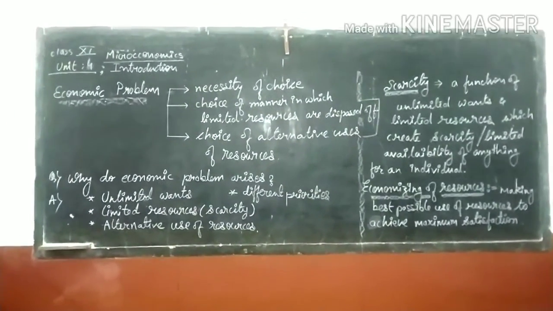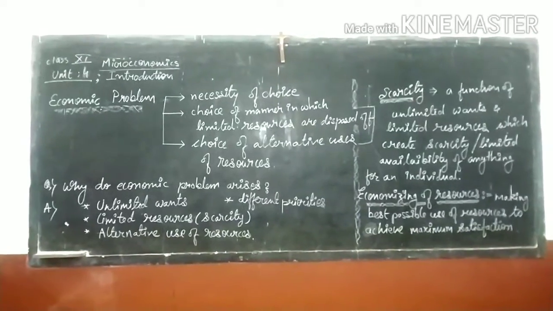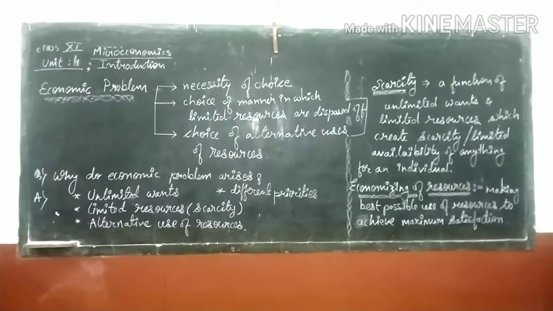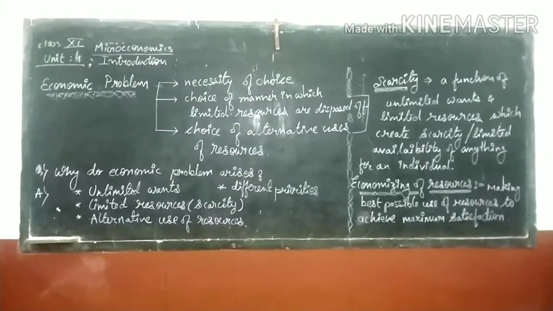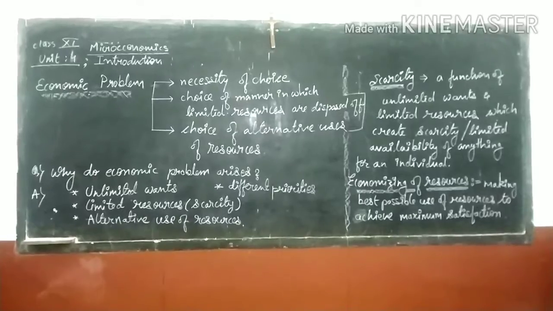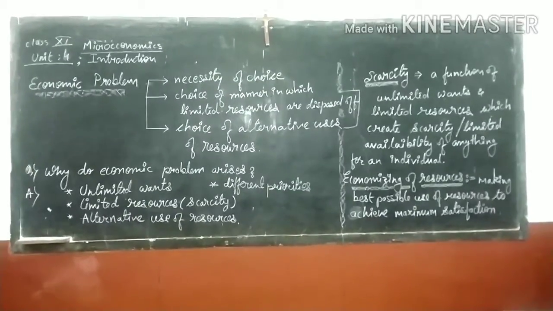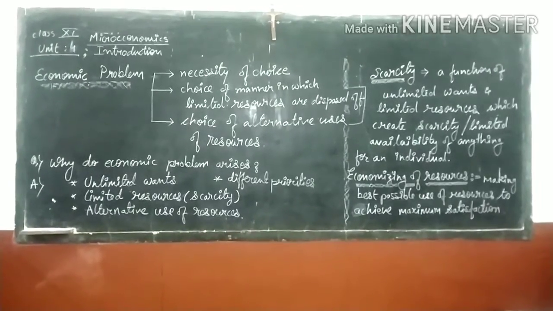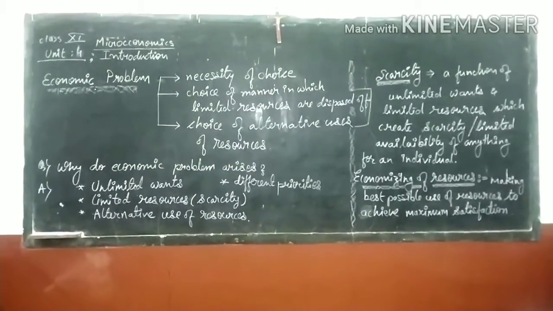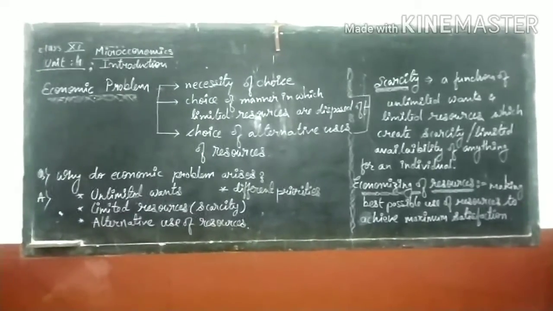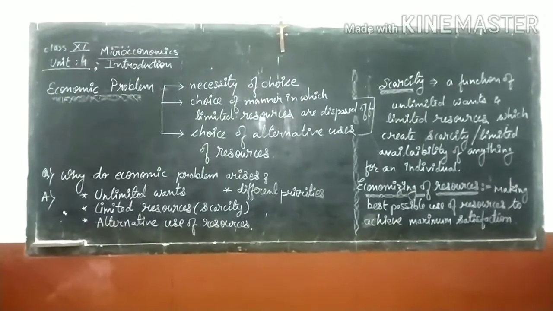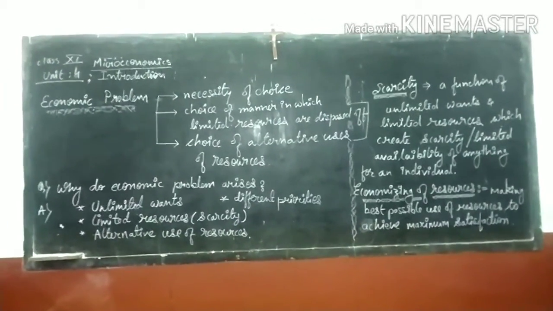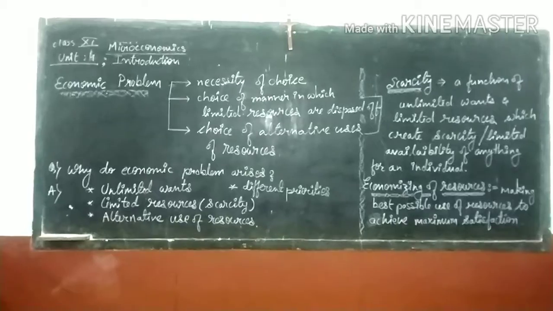Economic problem is essentially a problem arising from the necessity of choice of manner in which limited resources are disposed of, and different choices of alternative uses of resources. This is the definition of economic problem, given by Eric Roll.